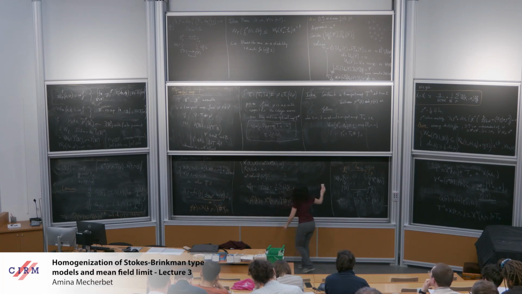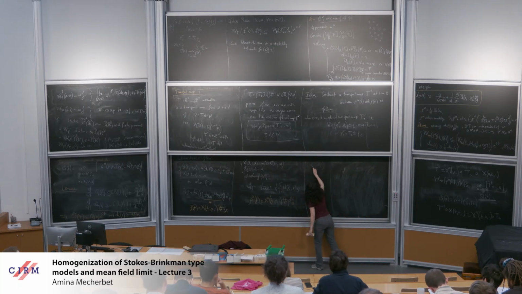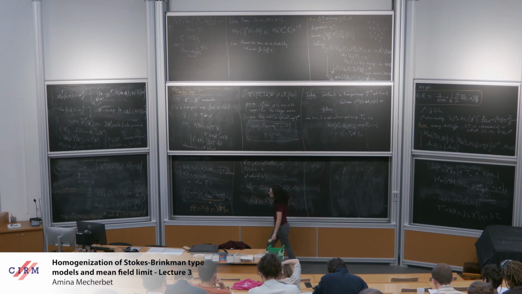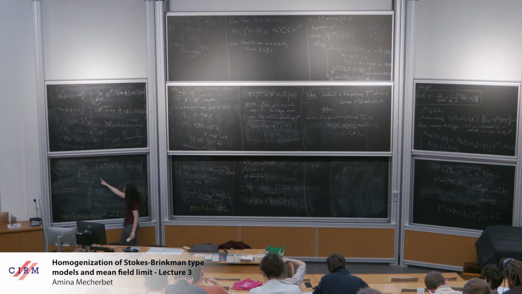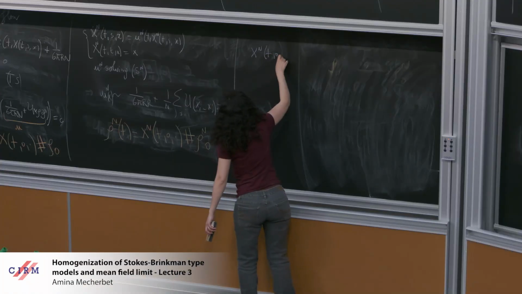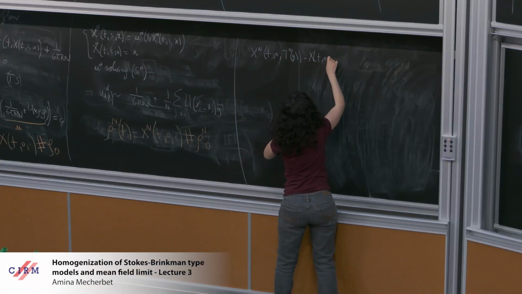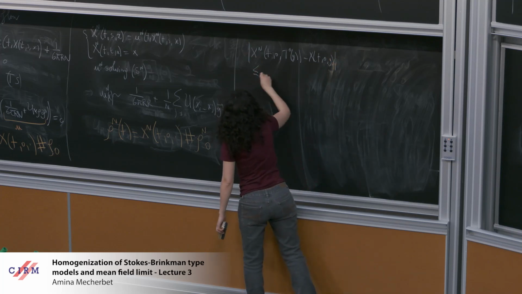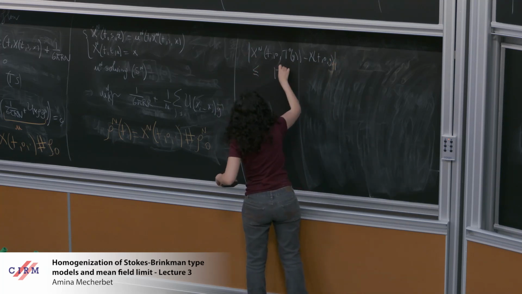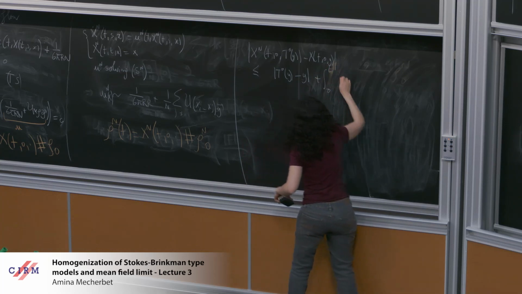So you get, if you just take one particle which is in the support of rho 0 and try to estimate this guy using the equations of the flow, you say that this is less than what happens at time 0 plus the derivatives, right?